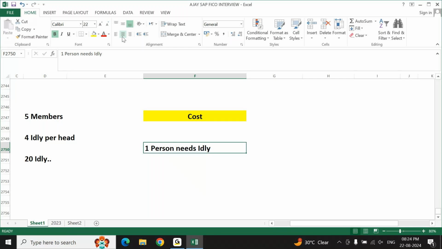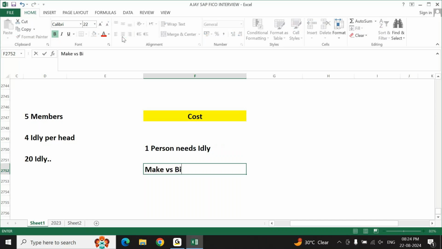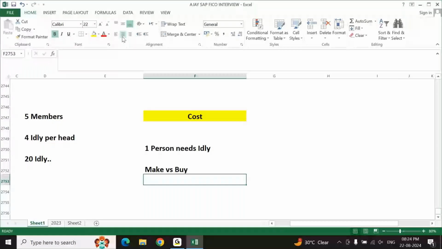When I say company also thinks in a similar way, that's where you have a point called make versus buy. Either buying is ideal or making is ideal. That's where they decide whether to manufacture in-house or buy outside. Wherever it is profitable to manufacture in-house, you will manufacture in-house.